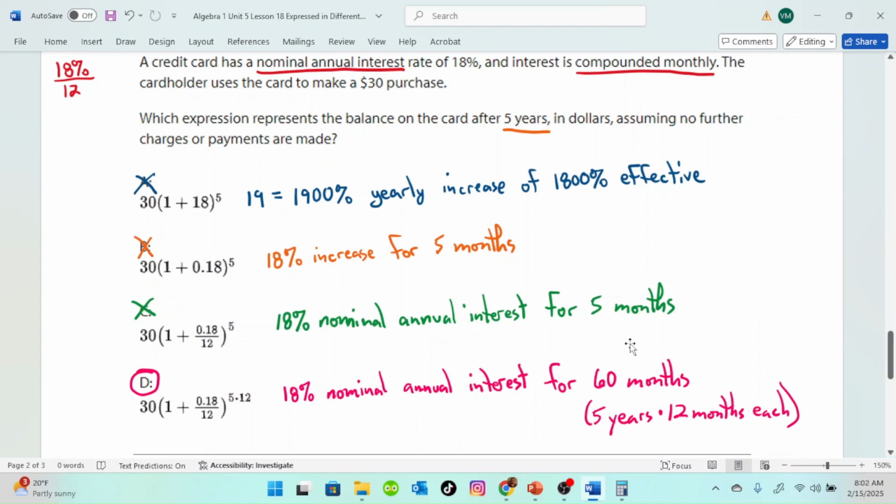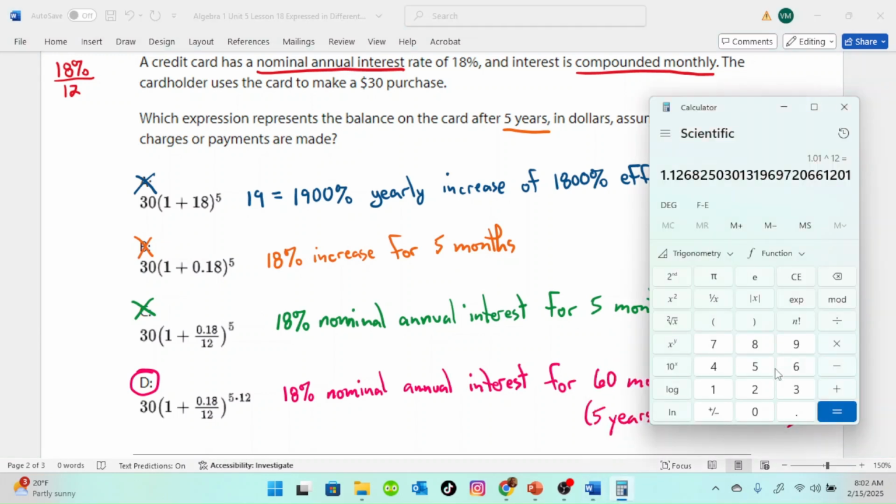And if you were curious as to how much that is, we can take the 0.18, divide it by 12, add the 1, and now we're going to take this to the power. 5 times 12 is 60.